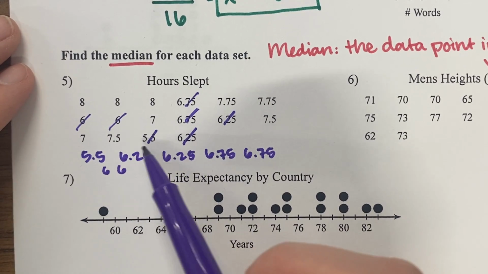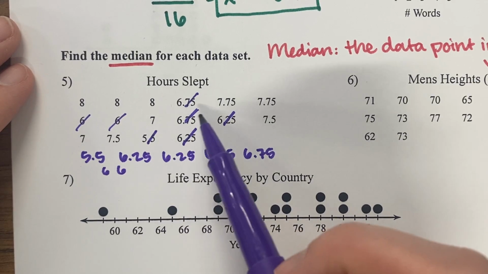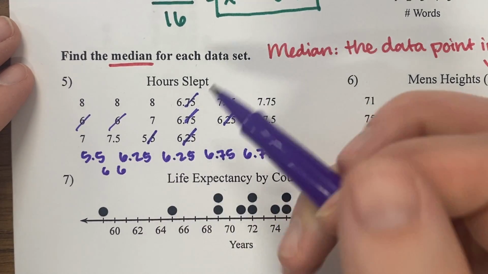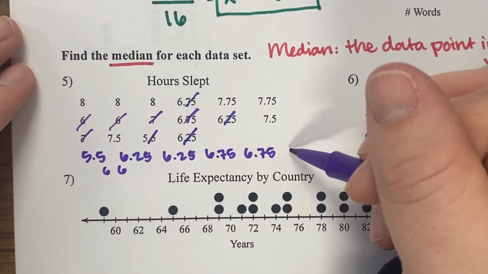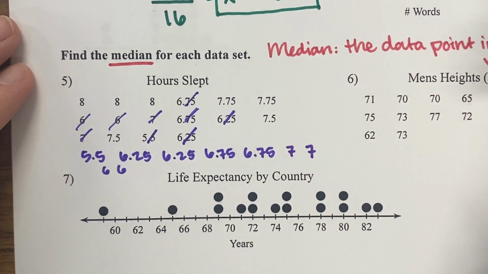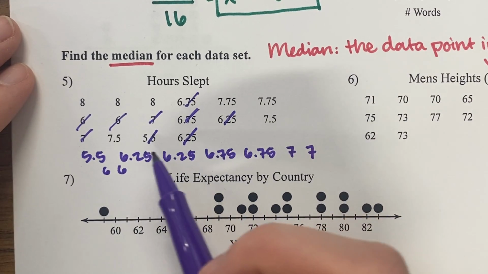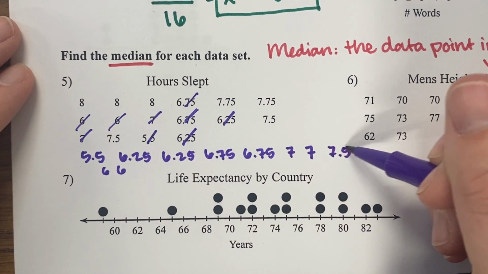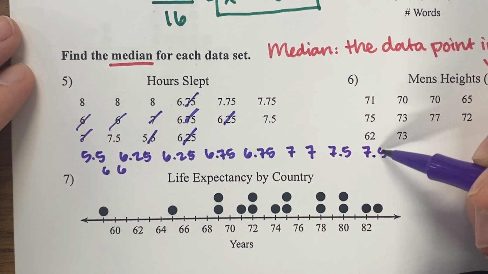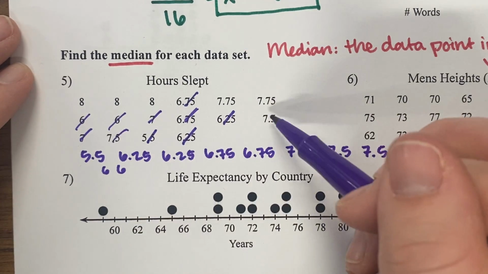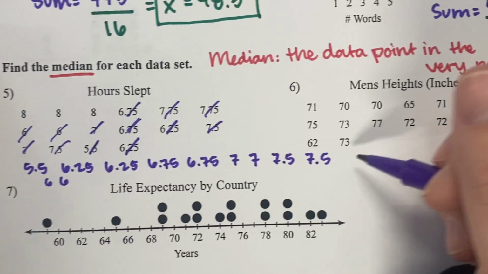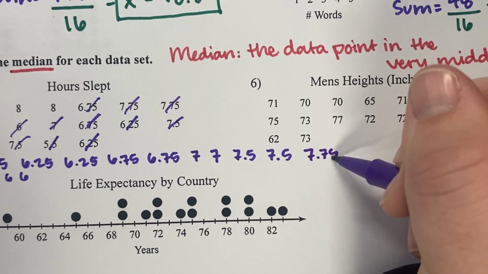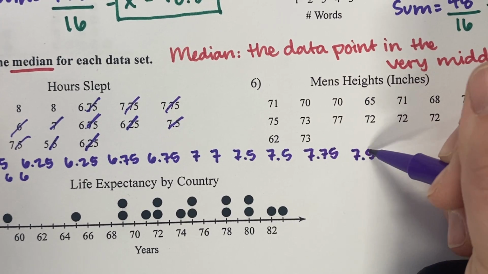Okay, so now that all my 6s are taken care of, I can move on to 7s. The next would be just the regular 7.0, so 7, 2 of those. And I have 7.5 and 7.5, which are both smaller than 7.75. I have 2 7.75s. 7.75, whoops.